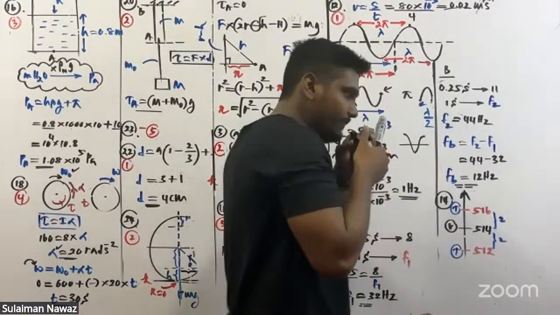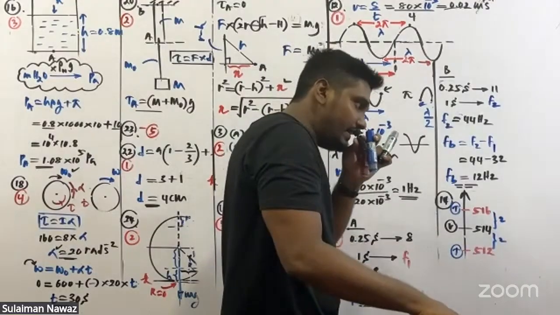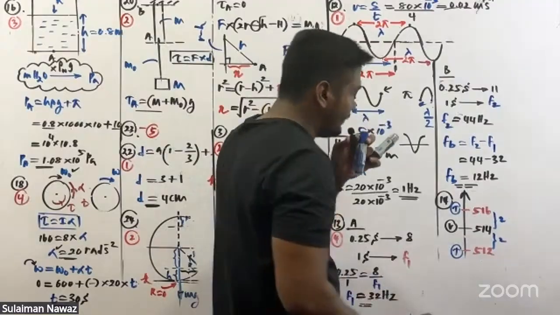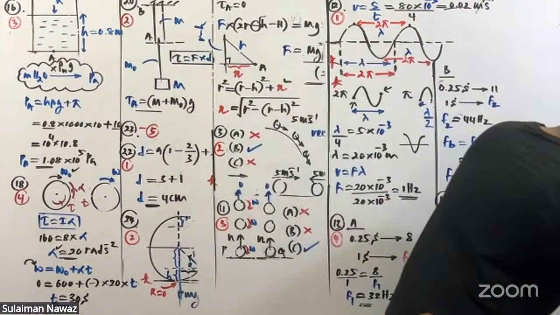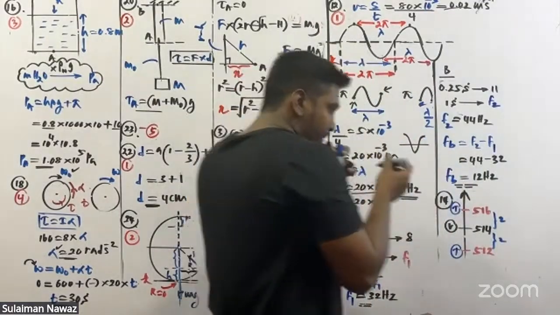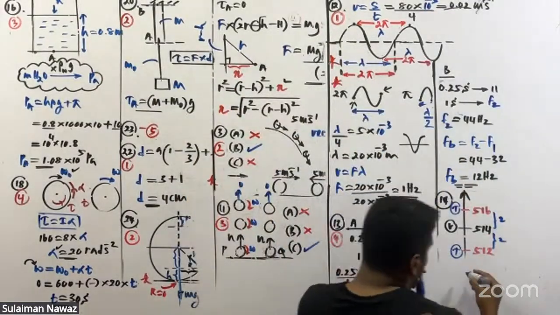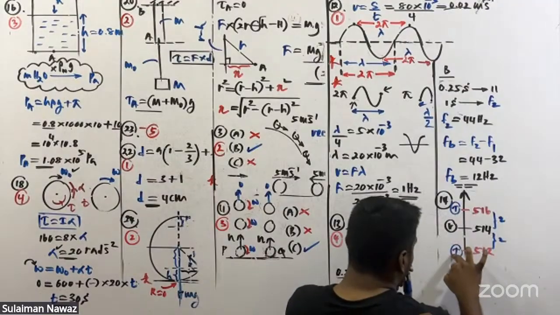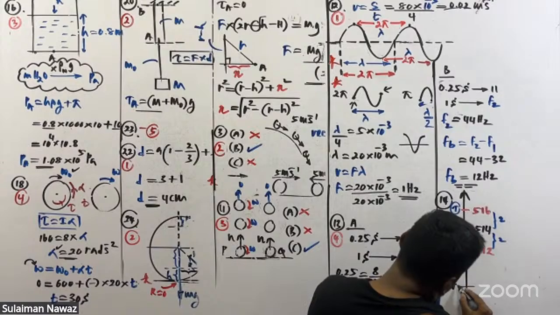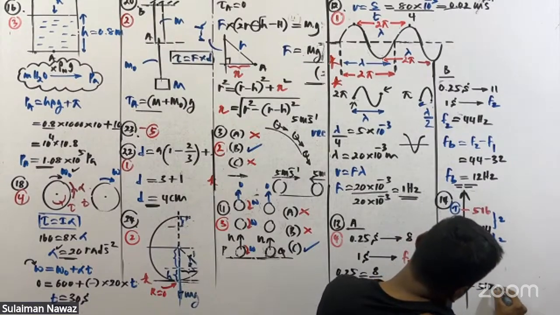Again, they are telling that when the vibrator vibrates at a frequency of 510, the beat frequency is 6 hertz. Now what have they done? They have changed the vibrator frequency. Same tuning fork, different vibrator. Now the vibrator's frequency is 510 hertz.